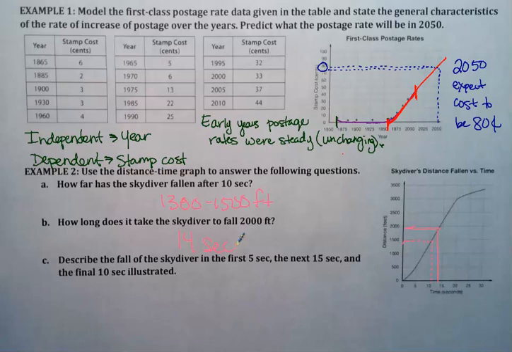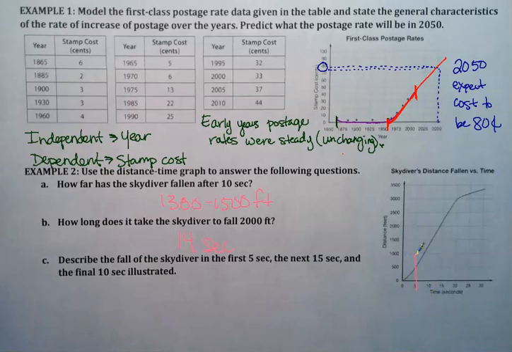All right, C. Describe the fall of the skydiver in the first 5 seconds, the next 15 seconds, and the final 10 seconds illustrated. Okay, so to do this, I'm going to erase these lines that we have, and let's mark our 5-second intervals. So our 5 seconds would be here.